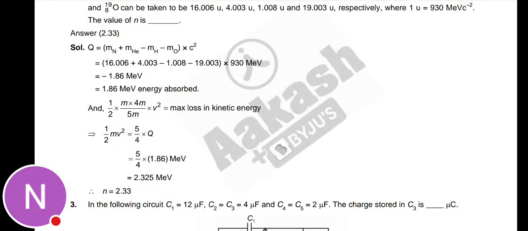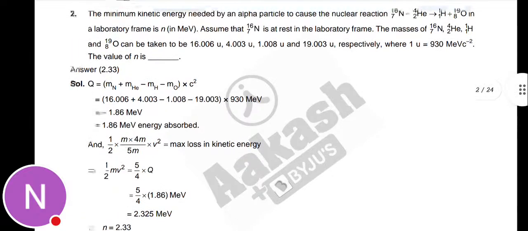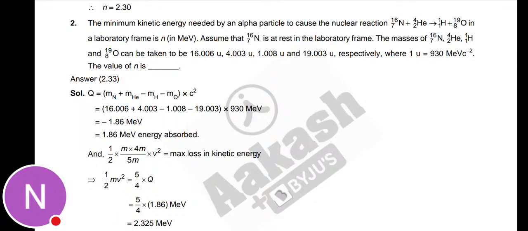The formula is Q is equal to (M nitrogen plus M helium minus M hydrogen minus M oxygen) into c square, that is, with the masses they have given, 16.006 is nitrogen plus 4.003 minus 1.008 minus 19.003 into c square, where the value of 1 u is 930 MeV. So 930 into that is equal to minus 1.86 MeV.